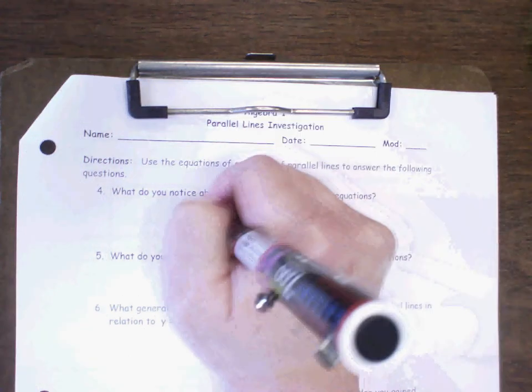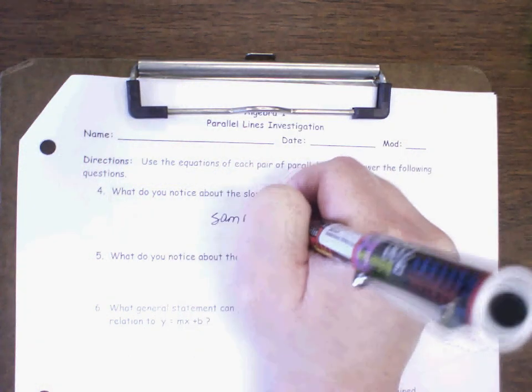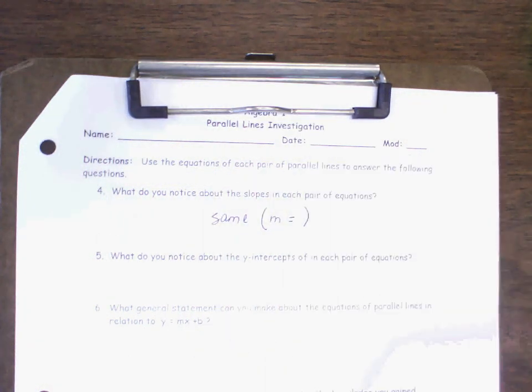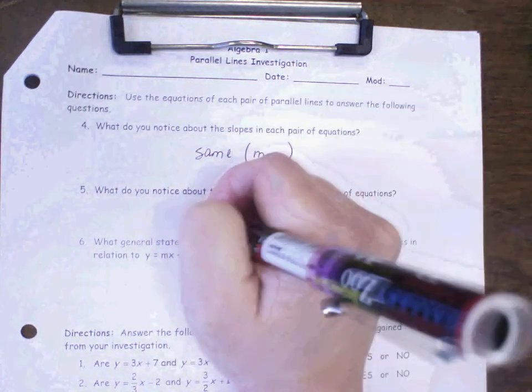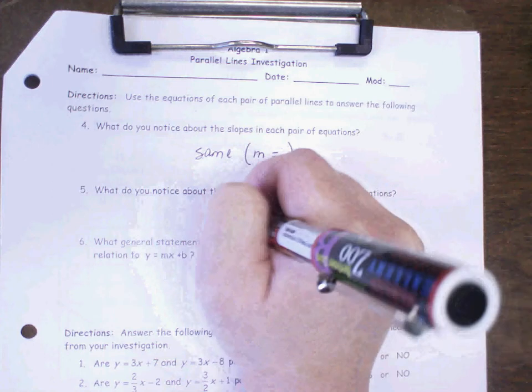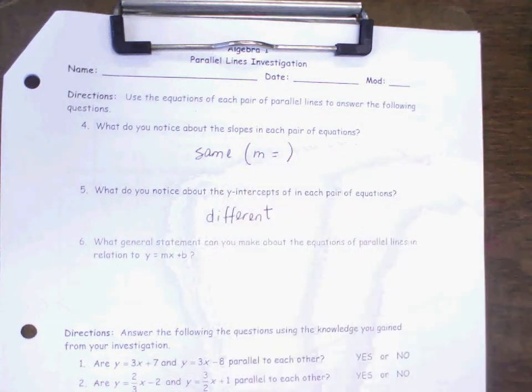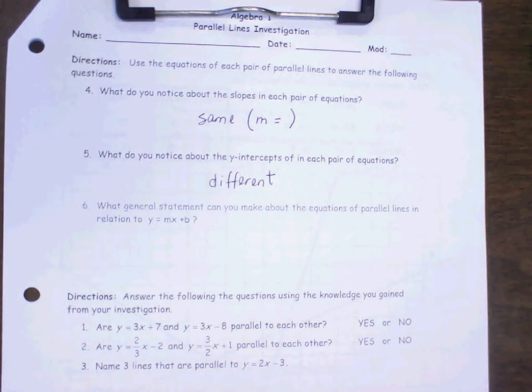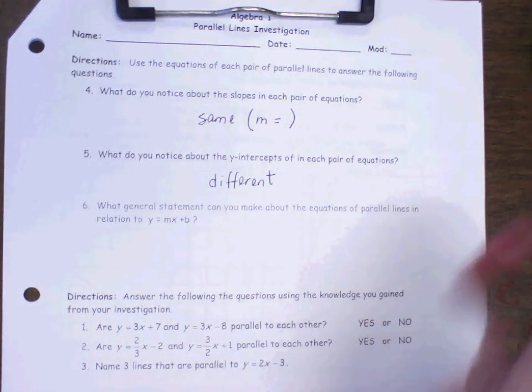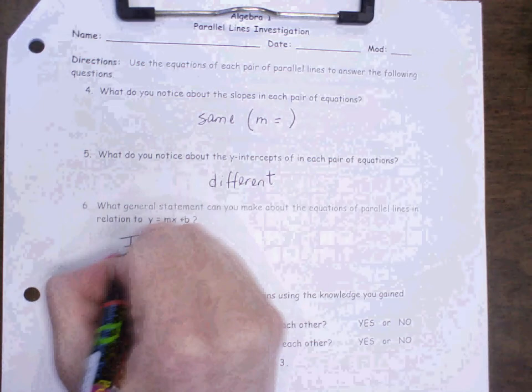All right. So the back. What do you notice about the slopes in each pair of equations? They're the same. Slopes are equal. Very good. What do you notice about the y-intercepts? They're different. Most certainly. What general statement can you make about the equations of parallel lines in relation to y equals mx plus b?